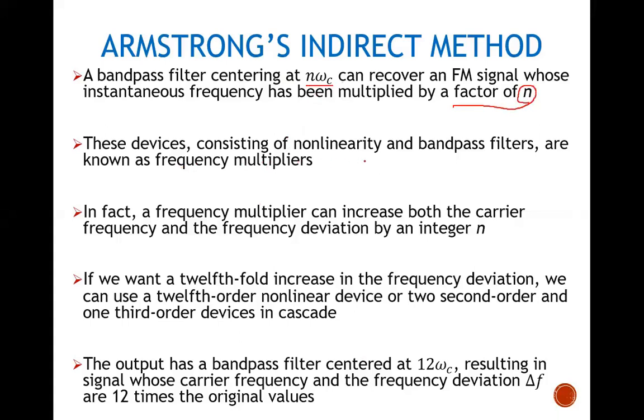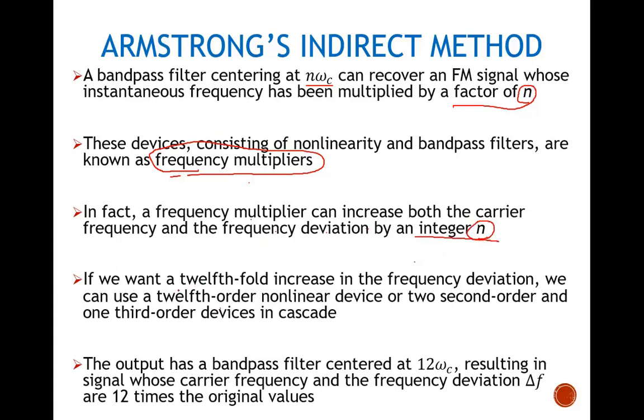These devices consisting of nonlinearity and band pass filters are known as frequency multipliers. So we can obtain a wideband FM by using frequency multipliers whose input is narrowband FM. An issue with the frequency multiplier is that it increases both the carrier as well as the frequency deviation by an integer n, so we may not require this in all cases.